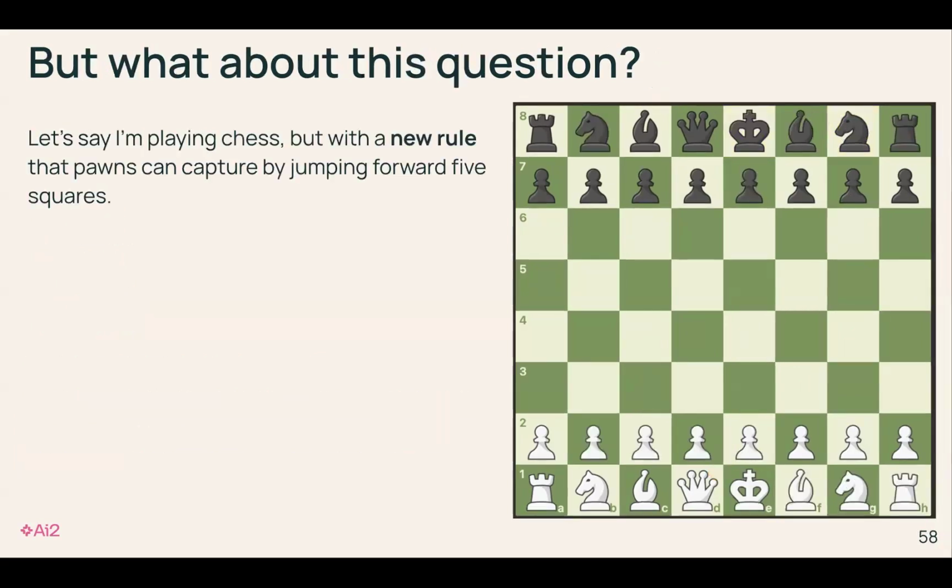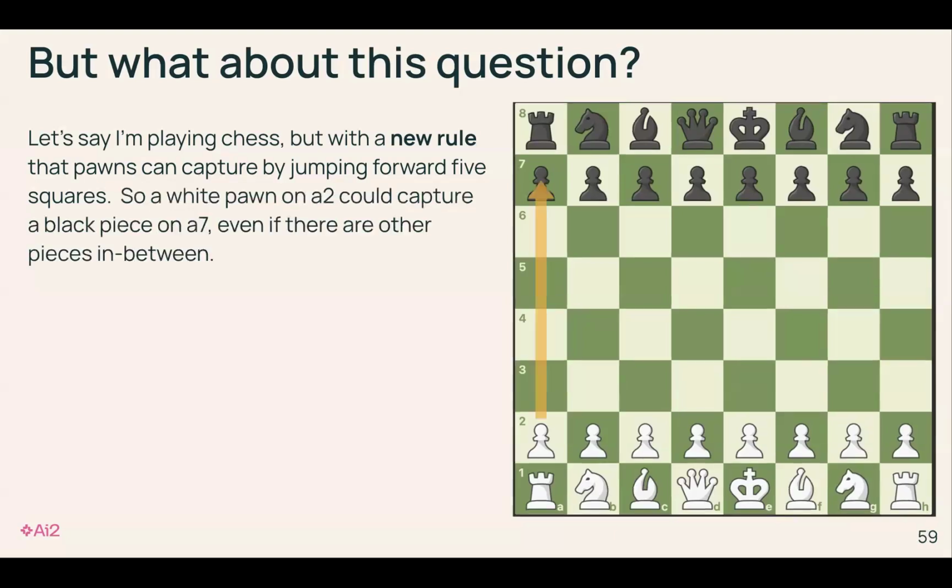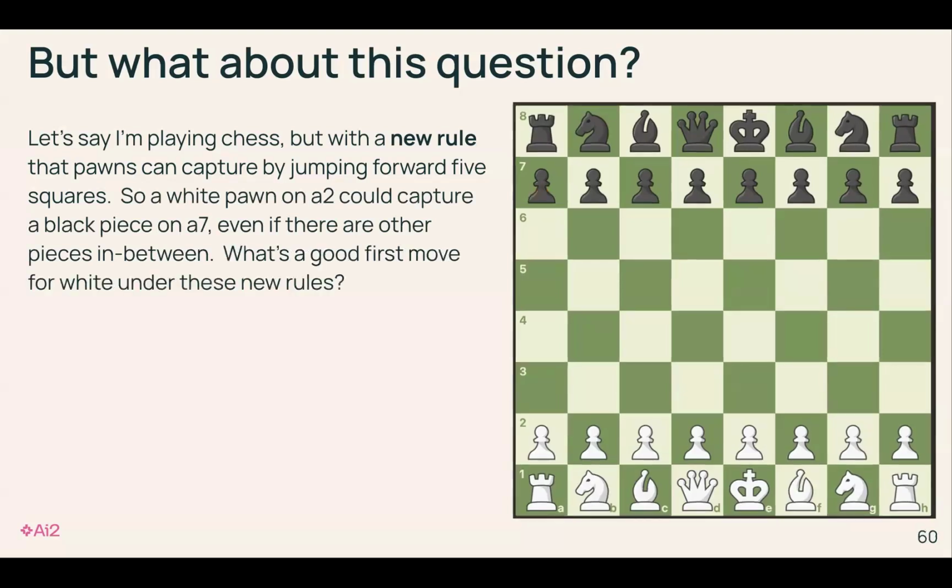But let's talk about this other question. Now I'm playing chess, but with a new rule: pawns can capture by jumping forward 5 squares. So a white pawn on a2 could capture a black piece on a7, even if there are pieces in between. What's a good first move for white under these new rules? Does anybody see it?